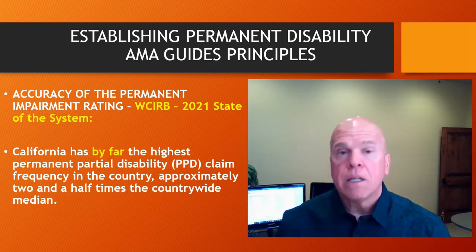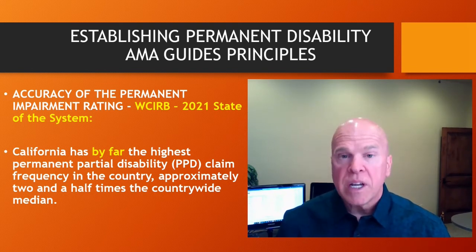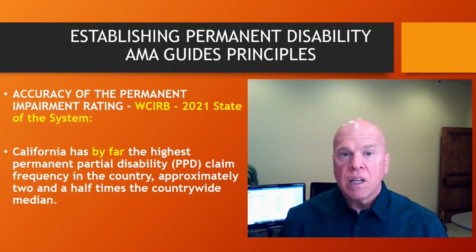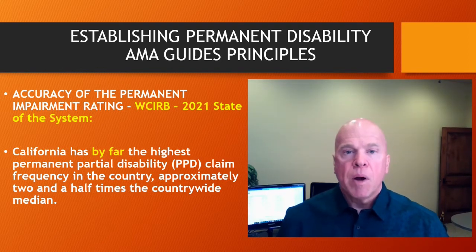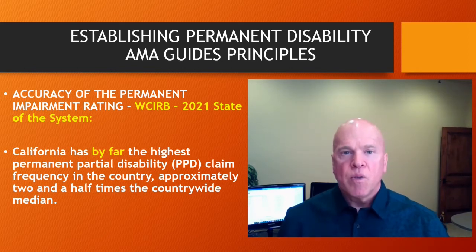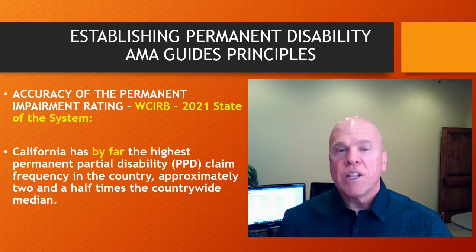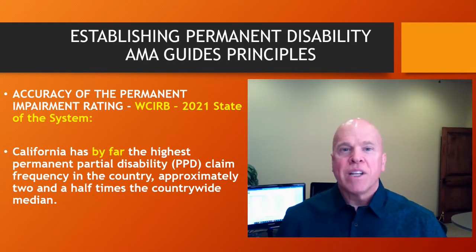In Nevada, the evaluating physician would find no true limitations to activities of daily living and would provide for a 0% impairment rating for the examinee, whereas in California, the California evaluator describes true limitations to activities of daily living and provides for a greater than 0, it can be the sky's the limit, but greater than 0.